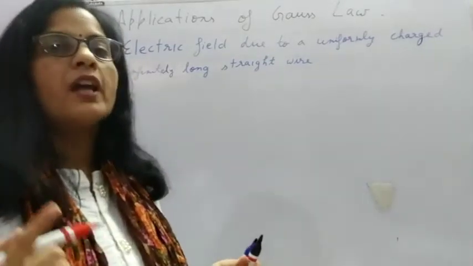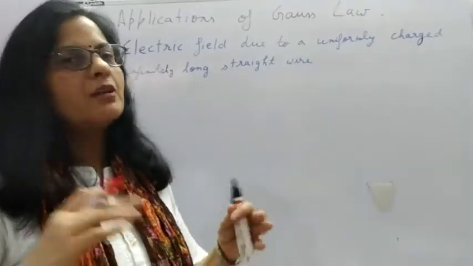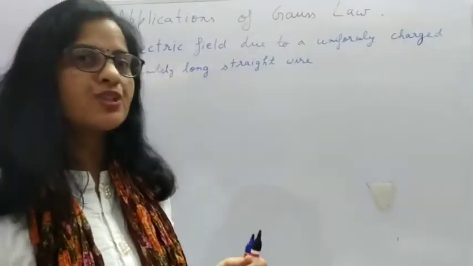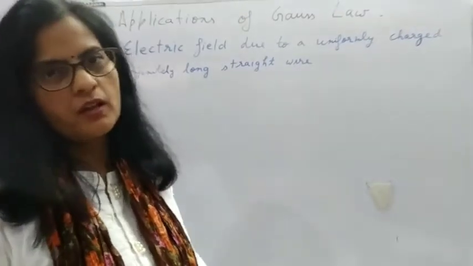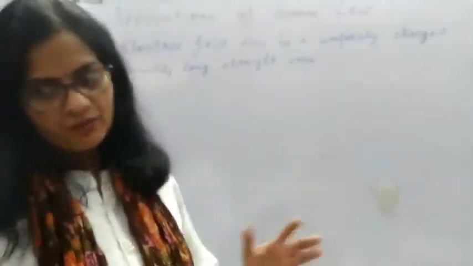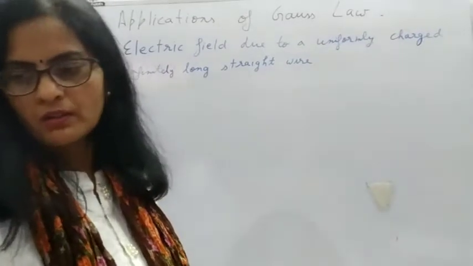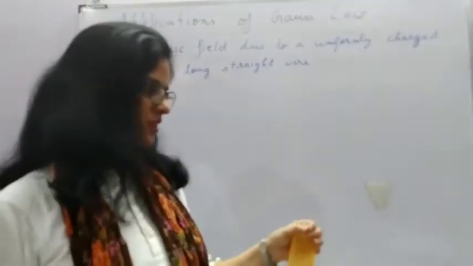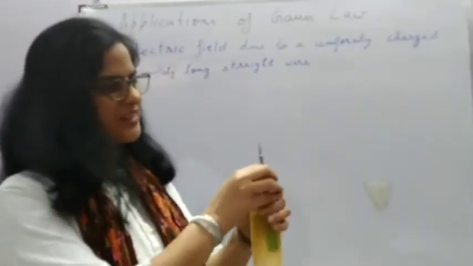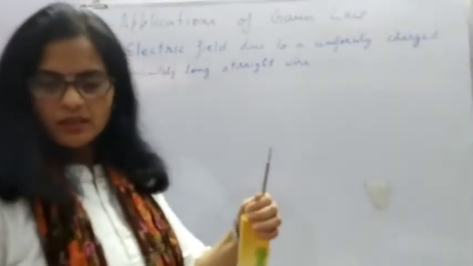So again we have to consider an imaginary, that is hypothetical, Gaussian surface around this wire such that the electric field is the same at any point on it. So let's consider this is our cylindrical Gaussian surface such that the wire is at the axis of the Gaussian surface.